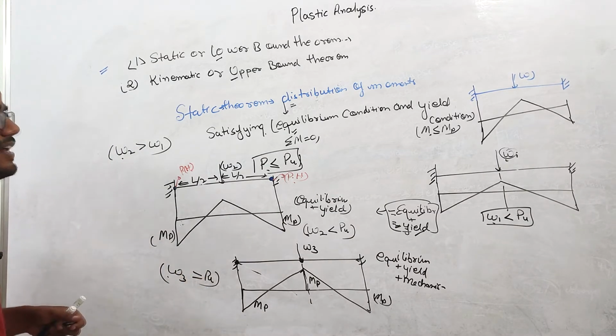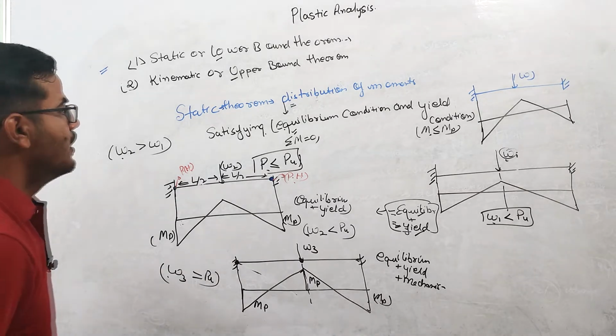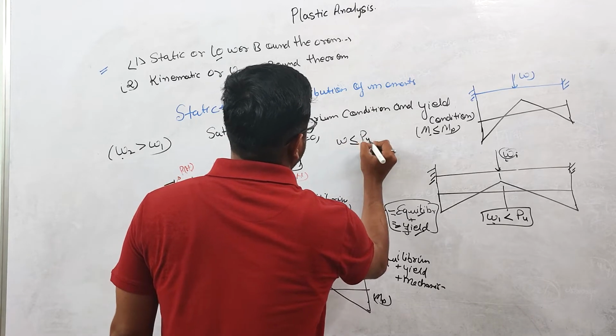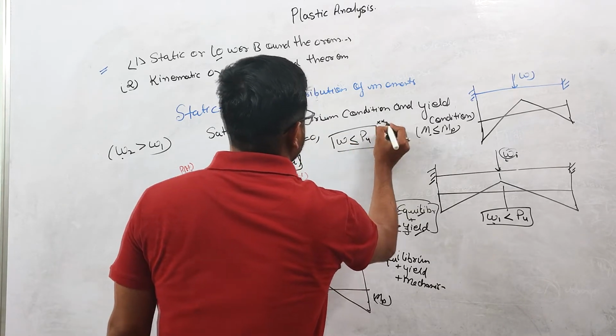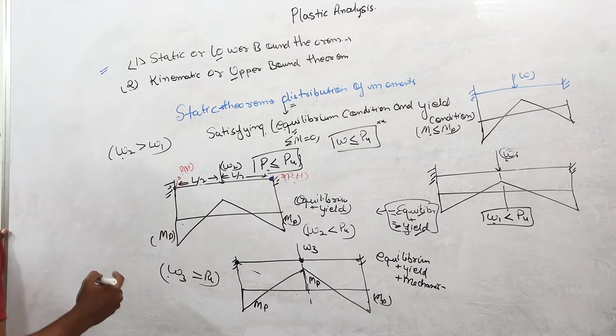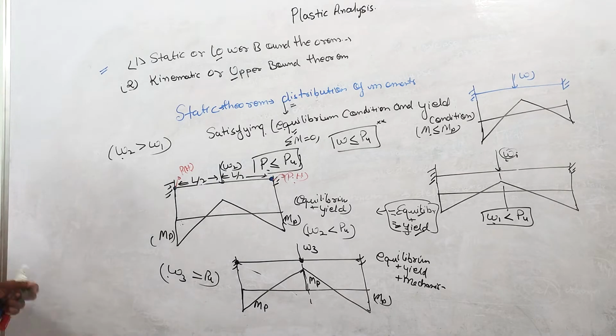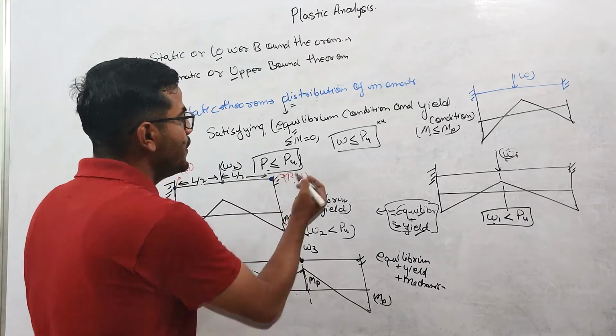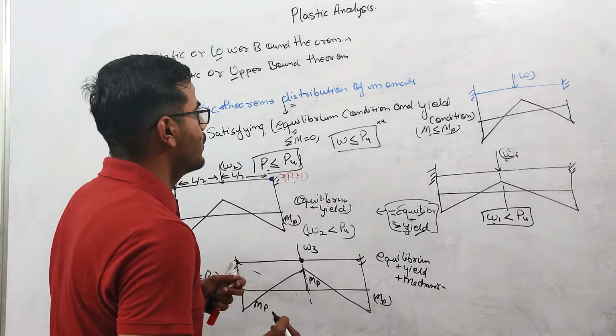Okay. So in static theorem, the load which we are getting will always be less than or equal to the true collapse load. Okay. This is the condition. Now, if someone asks what is the collapse load of the structure, basically for the collapse to happen, you need to increase the load.